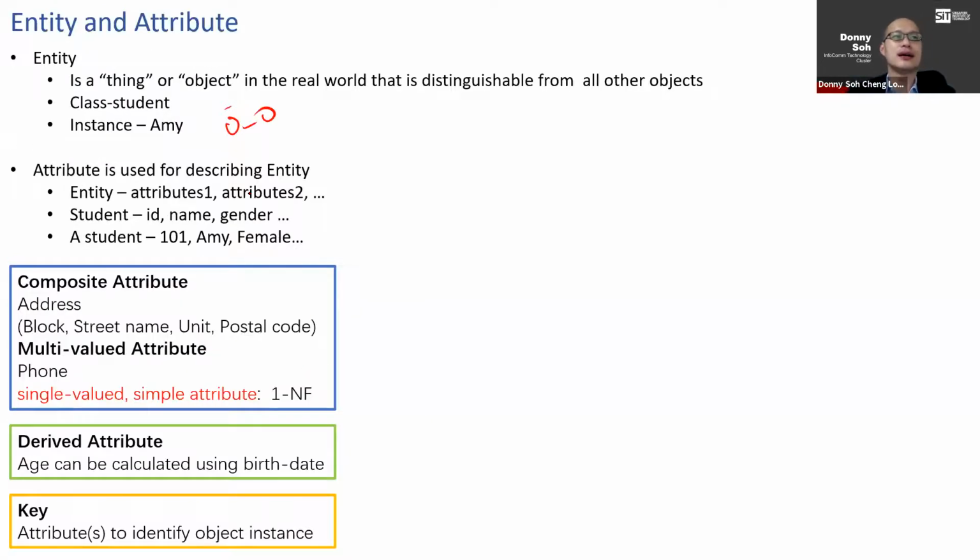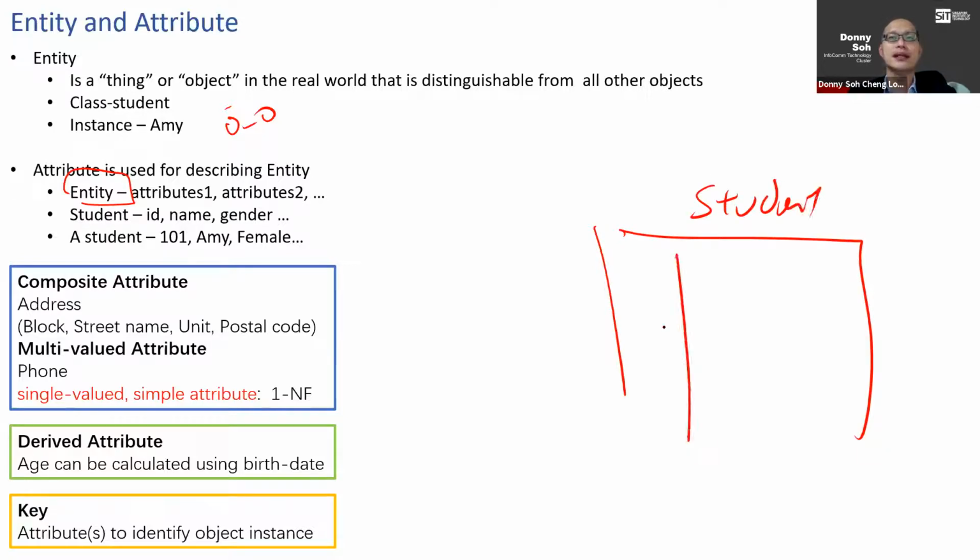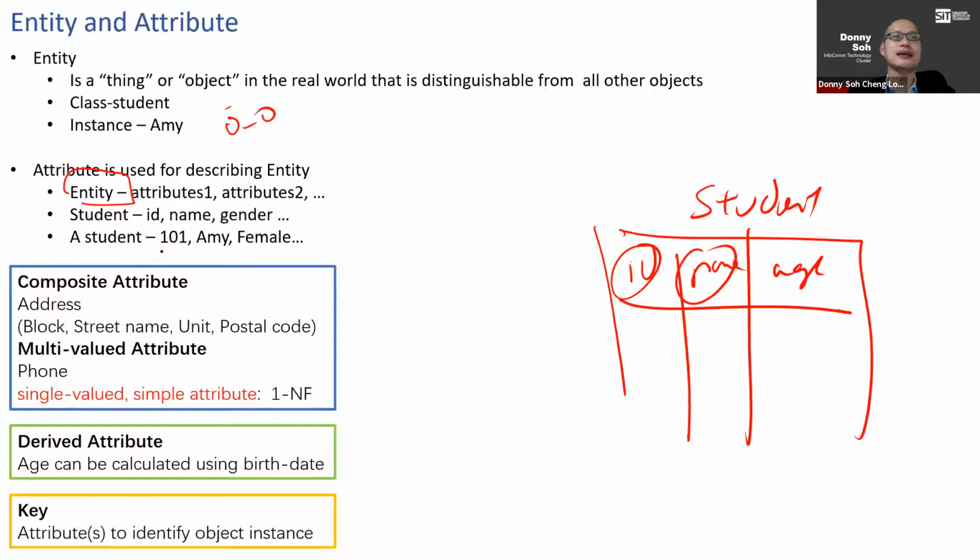So let's look at this. So an entity will usually have multiple attributes. So for example, this is a student table, and they have attributes like ID, name, let's say age, and gender. So these are all attributes, and the instance of it can be like both the ID, the name, and the gender of it. Okay. I hope this is clear.